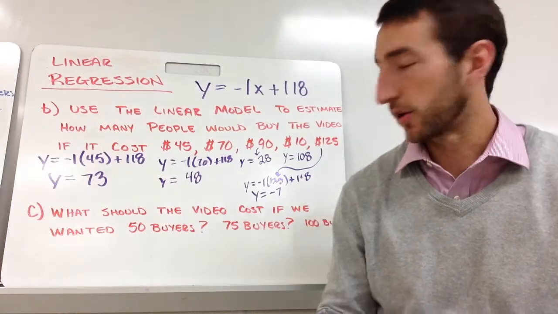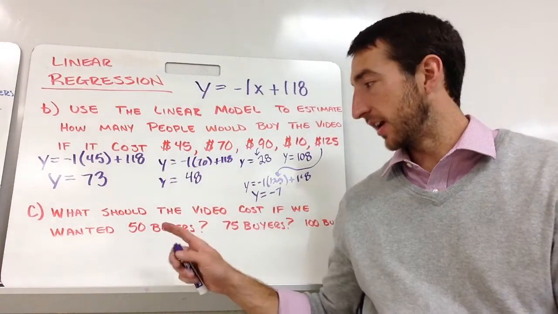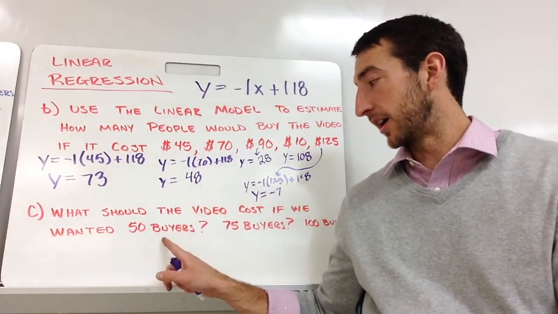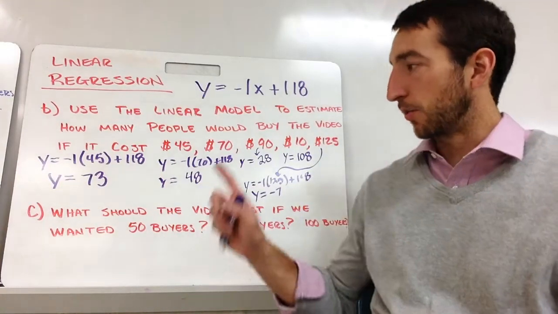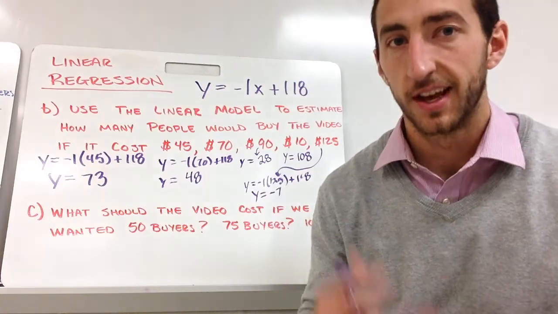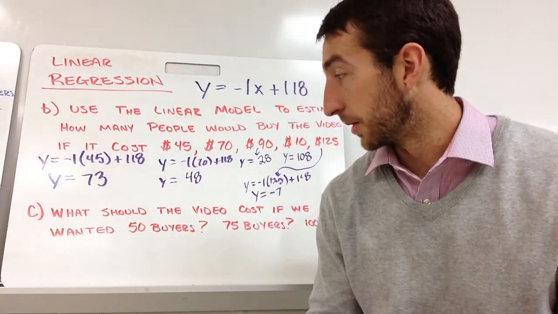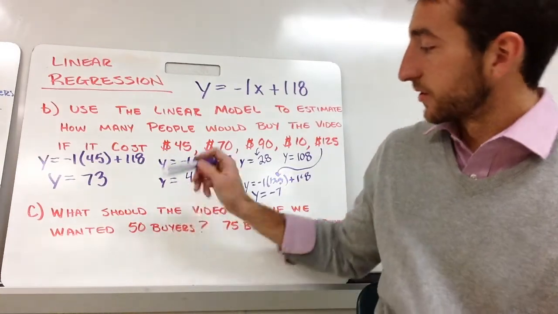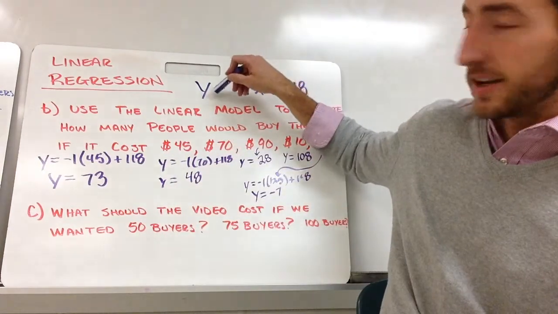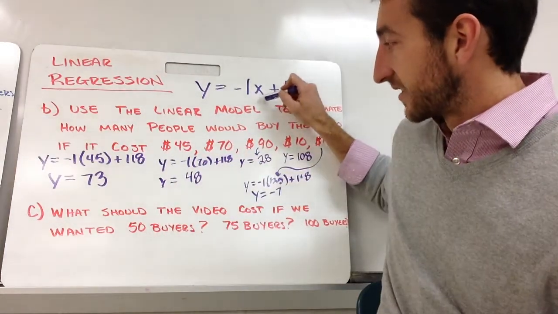Now what we're going to do is kind of reverse that. And now we have 50 buyers, 75 buyers, and 100 buyers. And we want to figure out how much it's going to cost if that's how many people we want to sell it to. So it works through the reverse. So now I have 50 buyers. Remember, y is the number of buyers, and x is the cost.